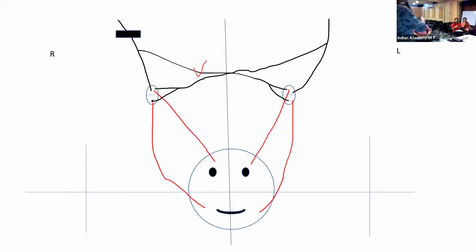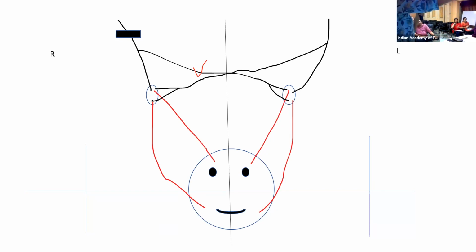Where is the right facial nerve nucleus? Pons. Somewhere between the pons and the midbrain, suppose there is a lesion on the right side. Now look what is happening to the right facial nerve nucleus. Is it getting affected? It is receiving nerve supply from the opposite side, both upper and lower. So the right facial nerve nucleus is not affected for this right-sided lesion.